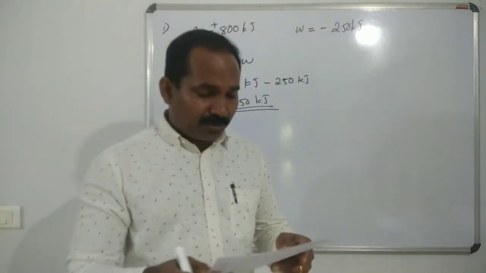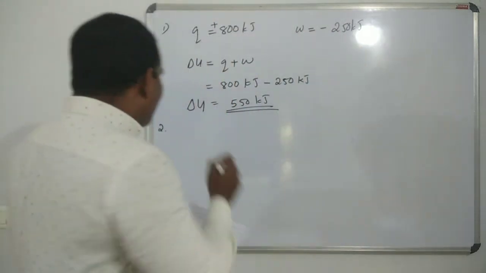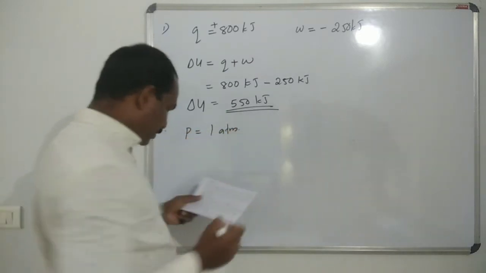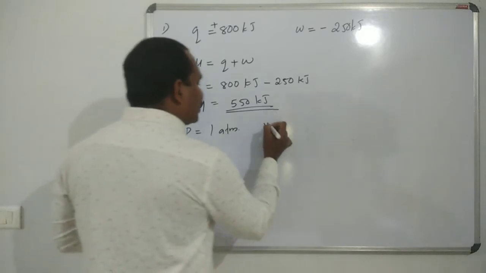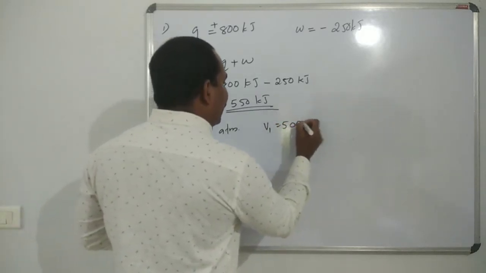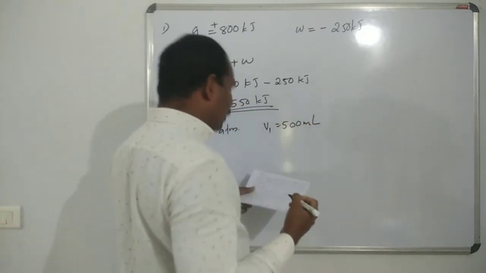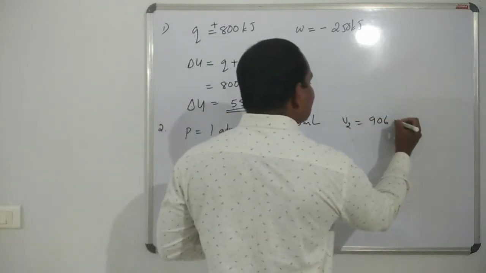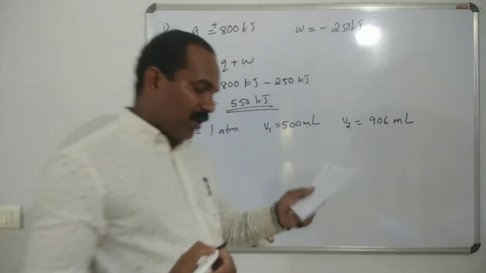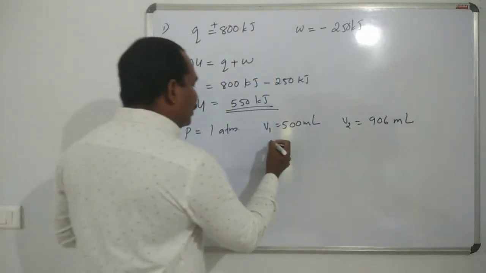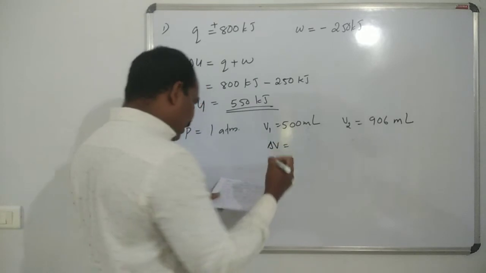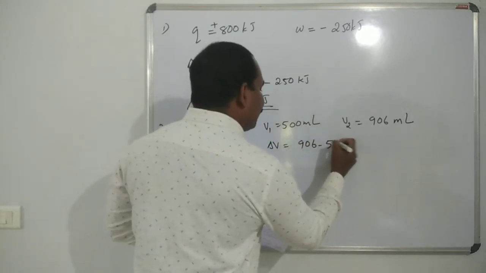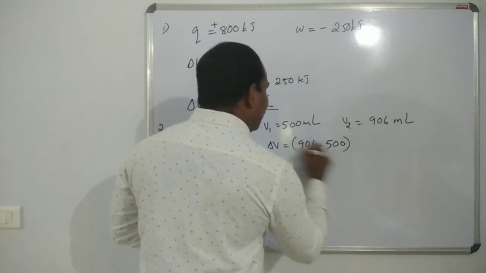First of all, we have to collect the data given. Pressure P is given: P is equal to 1 atm. The initial volume V1 is equal to 500 milliliter. The final volume V2 is equal to 906 milliliter. And the change in volume delta V is equal to 906 minus 500 milliliter.